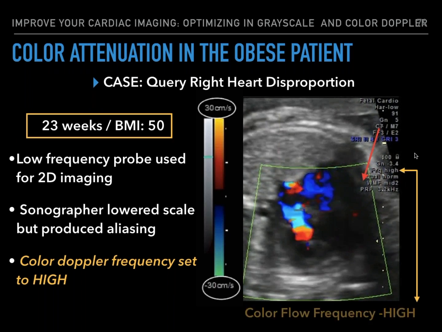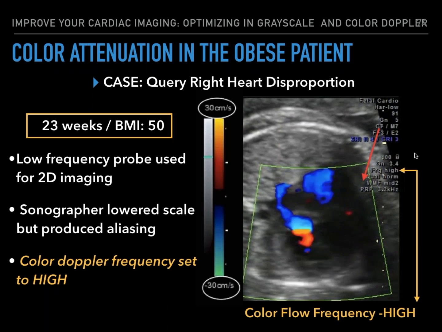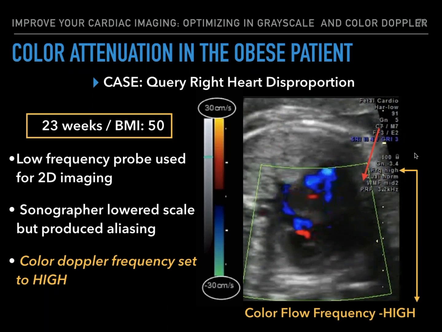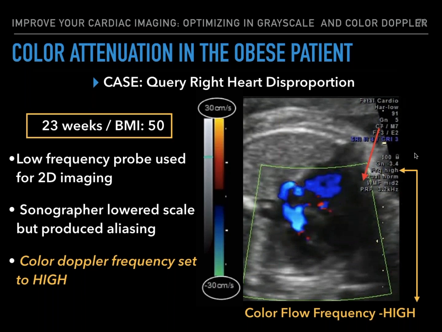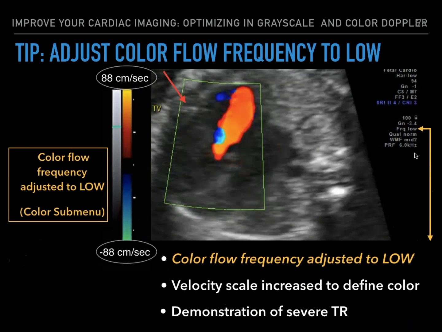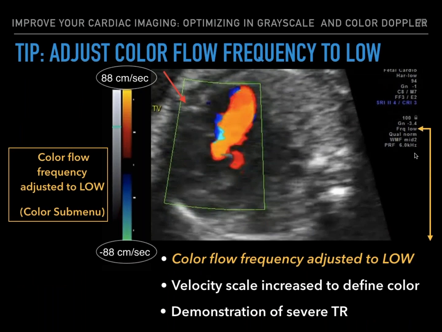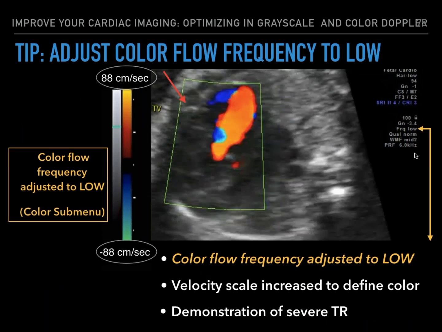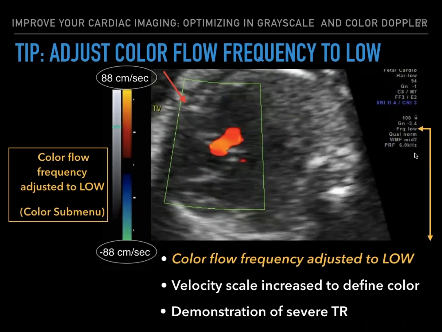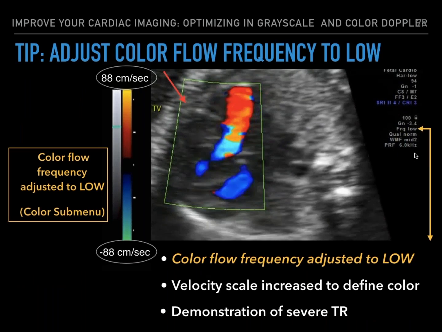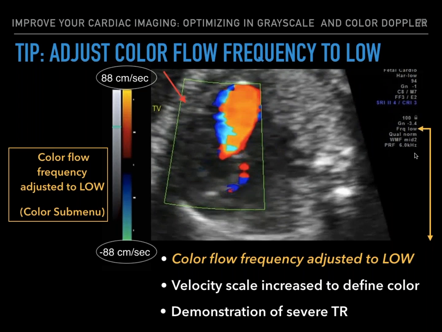As we were looking at the settings, we noticed that the color flow frequency was set to high. And we made a few adjustments. Here we could see that the heart is now filling in with color, and we could see a severe tricuspid regurgitation.